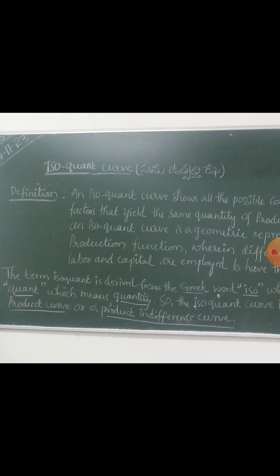It is also called the equal product curve or a product indifference curve. Similarly, the slope of the curve is convex to the origin. How we get the iso-quant curve, the table formation and the diagram, we have also discussed in the class.